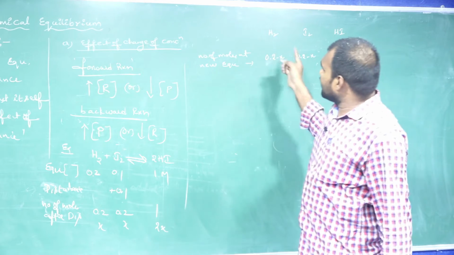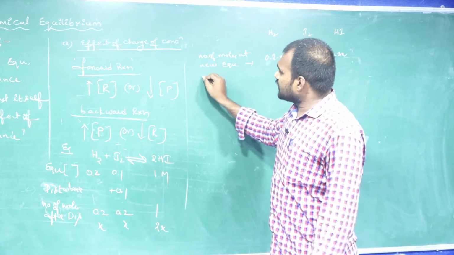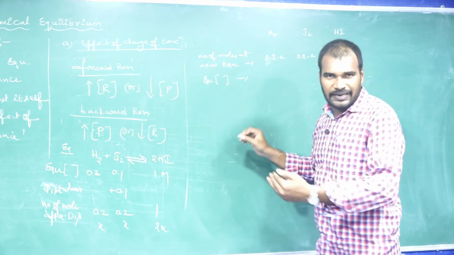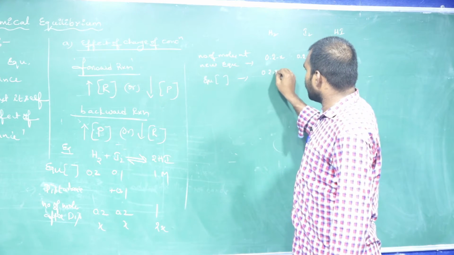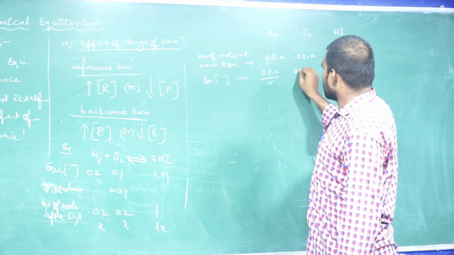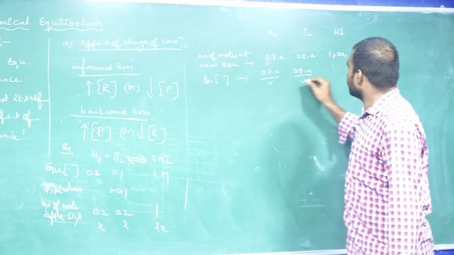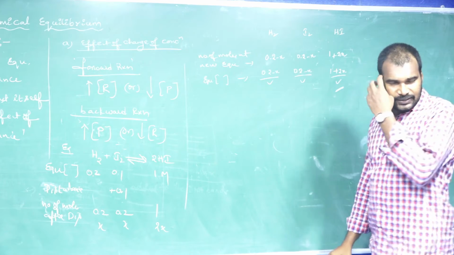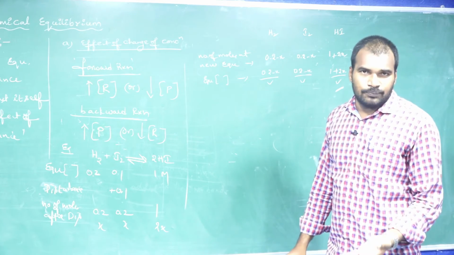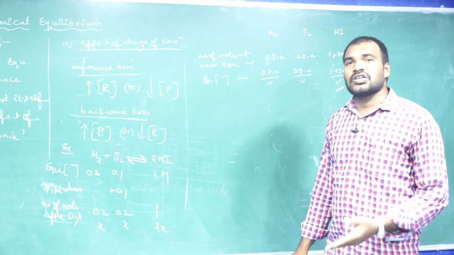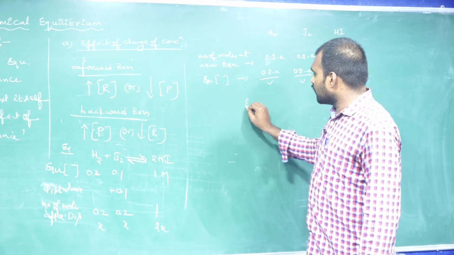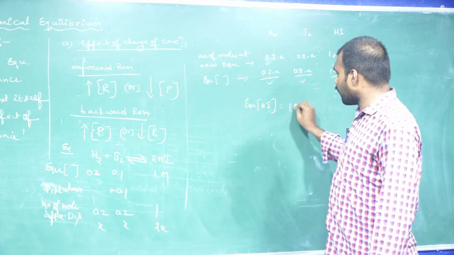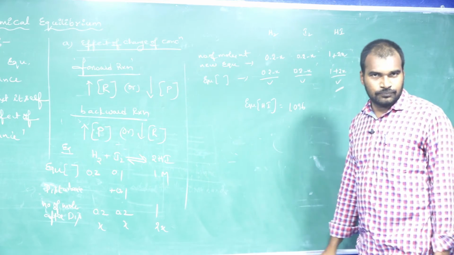So if this is the number of moles, then the equilibrium concentrations will be by volume. That is 0.2 minus x by V. This is also 0.2 minus x by V. This is 1 plus 2x by V. But he has given after some time the new equilibrium concentration of HI, that is 1.096.